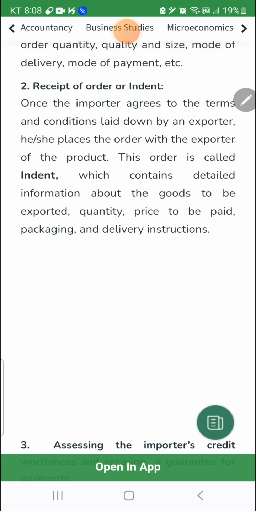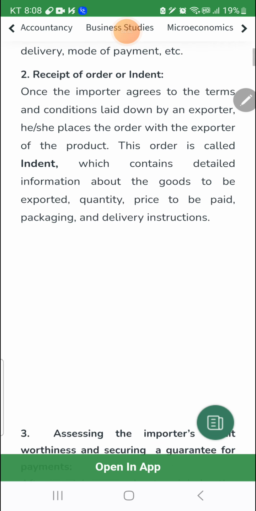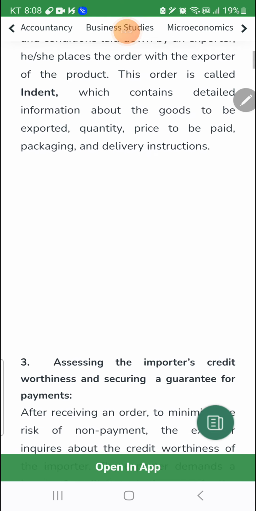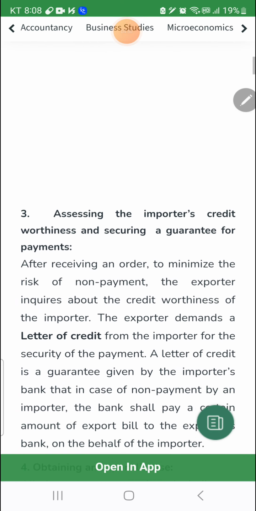This order is called an indent, which contains detailed information about the goods to be exported, quantity, price to be paid, packaging, and delivery instructions.